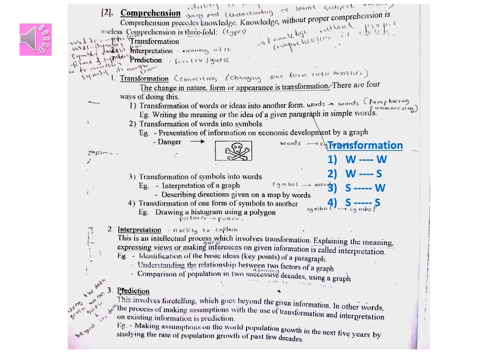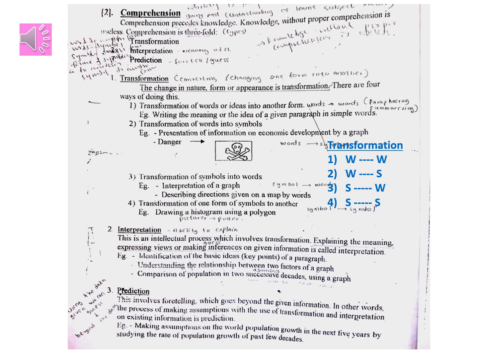To do that, you will have to understand the given data. So how can we know that the student has understood the given data? If we can predict what will happen in the future based on the given data, then we can say he has understood. So comprehension is threefold: transformation, interpretation, and prediction.